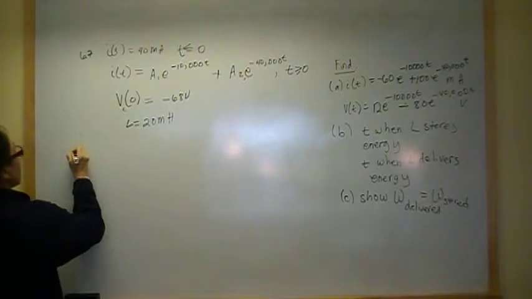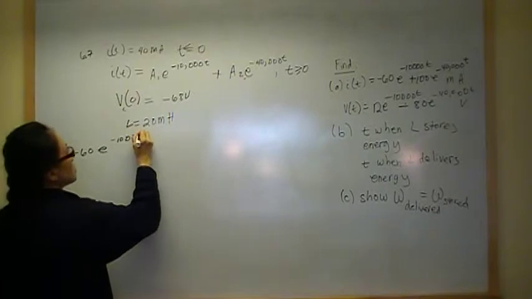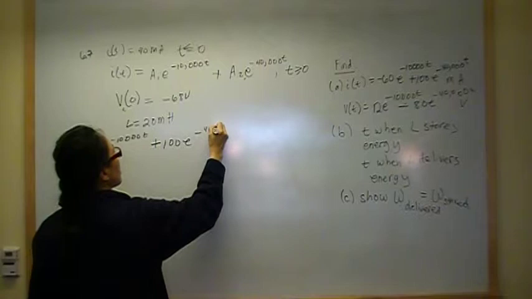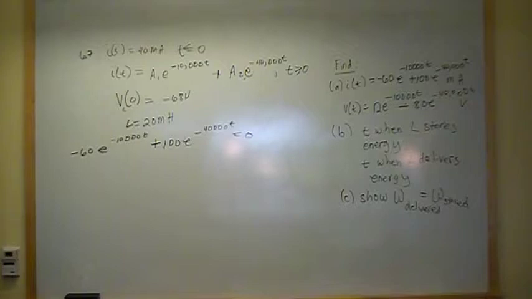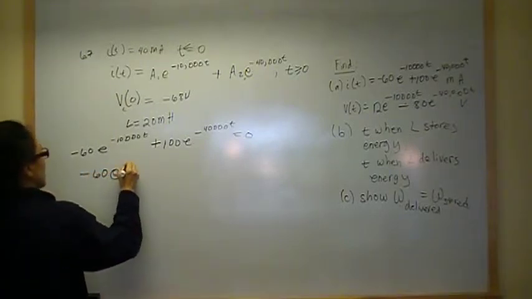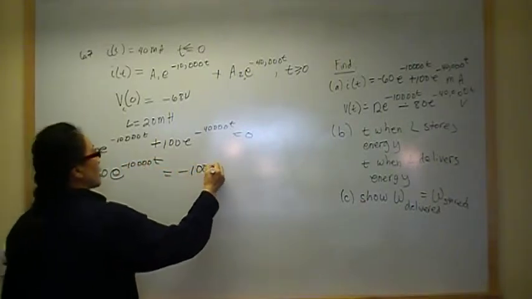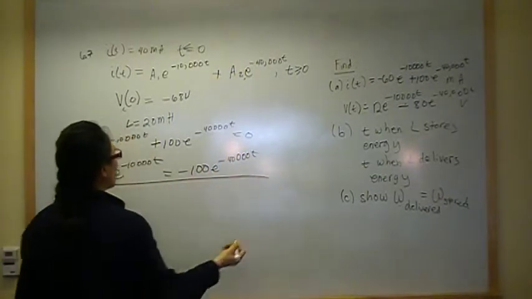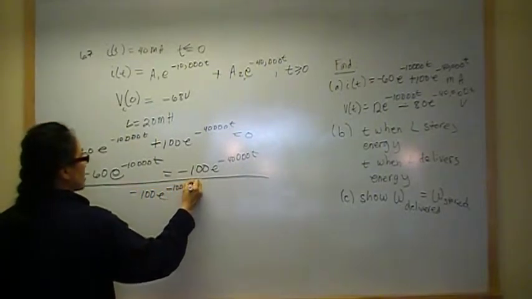So set I to 0: negative 60 e to the negative 10,000 t plus 100 e to the negative 40,000 t equals 0. At what time does the current equal 0? It happens at 60 e to the negative 10,000 t is equal to negative 100 e to the negative 40,000 t. We're going to divide both sides by negative 100 e to the negative 10,000 t.